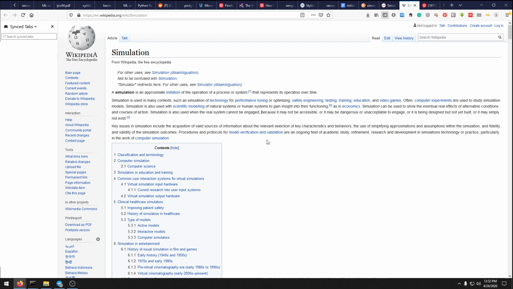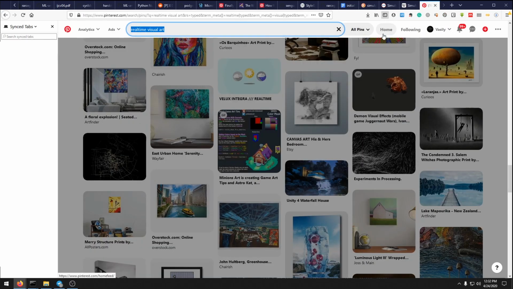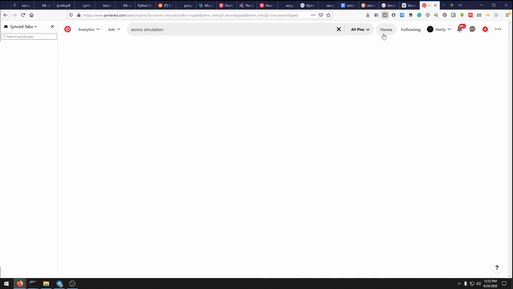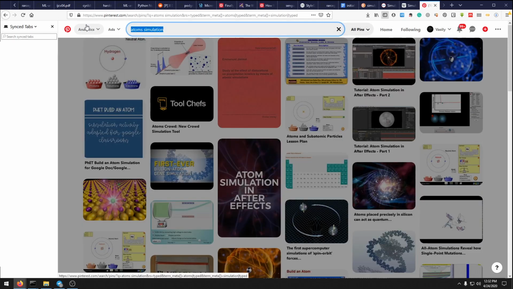The more compute power you have, the more molecules or environment you can simulate, so you can simulate more complex systems. We can start from atom simulation and go to universe simulation.